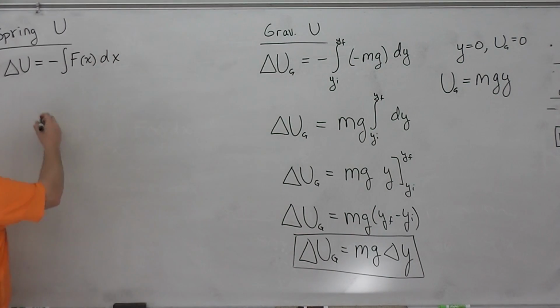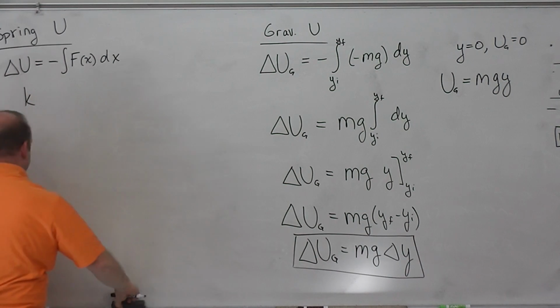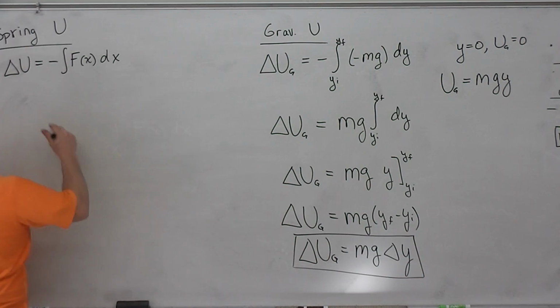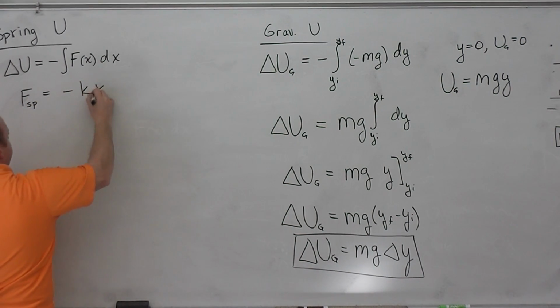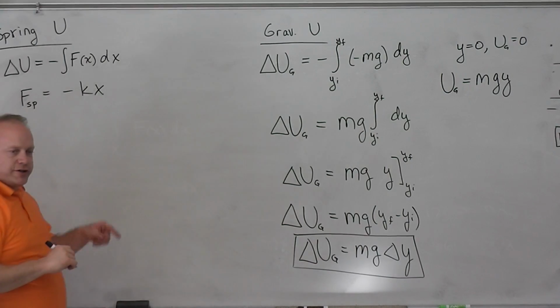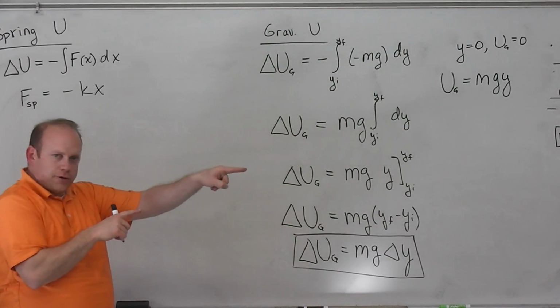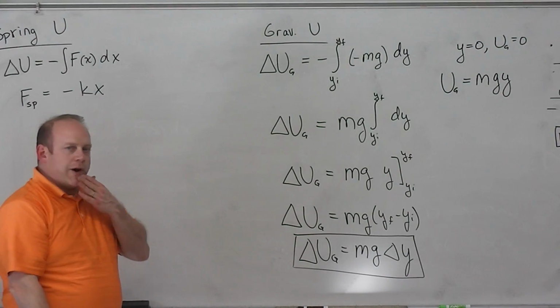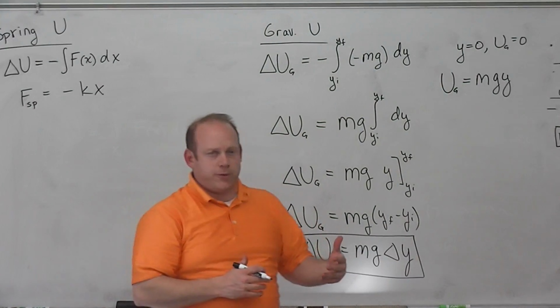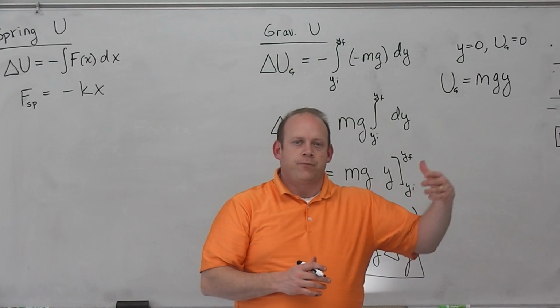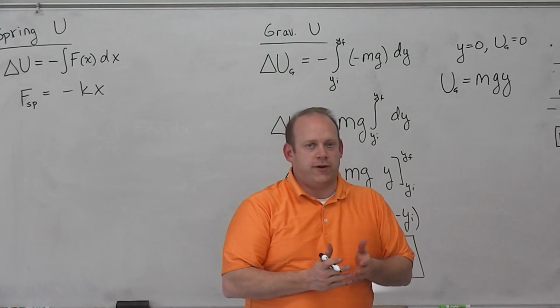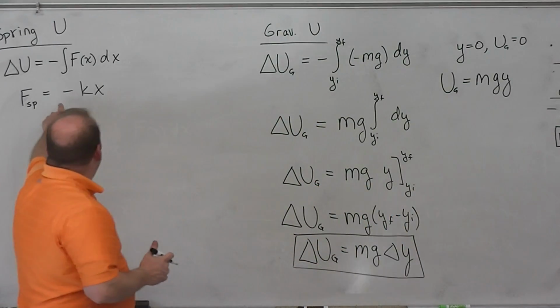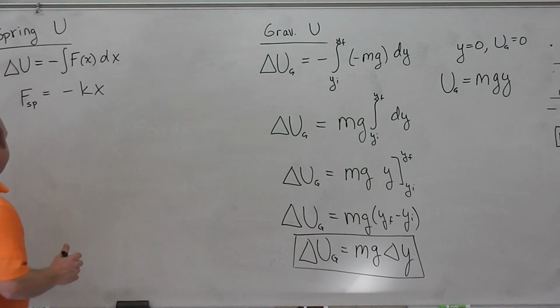We know that the force from a spring is equal to negative kx. You stretch it in one direction, it's pulling back in the other direction. You compress it this way, it's going to push back that way. So whatever direction you take it from equilibrium, the force is going to pull back towards equilibrium. So force from a spring is negative kx.